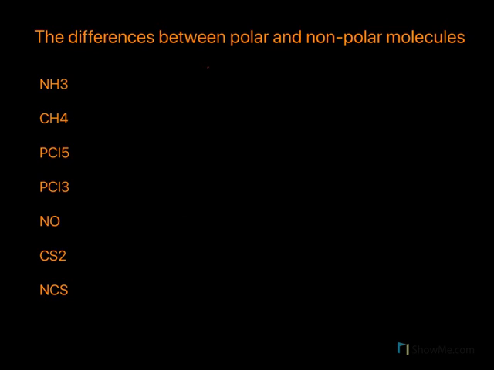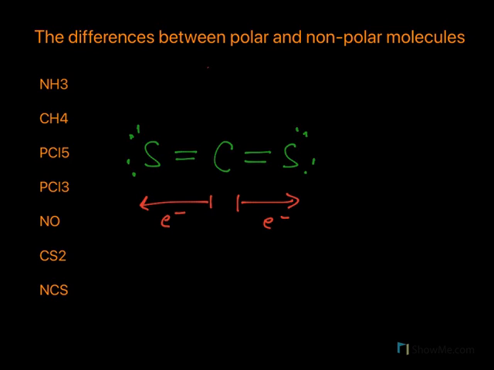Okay, looking at the next one, carbon disulfide. The Lewis structure for carbon disulfide is this. Between carbon and sulfur, sulfur is more electronegative than carbon, so the electron density in this double bond is towards the sulfur. For this bond here, it's also towards the sulfur.